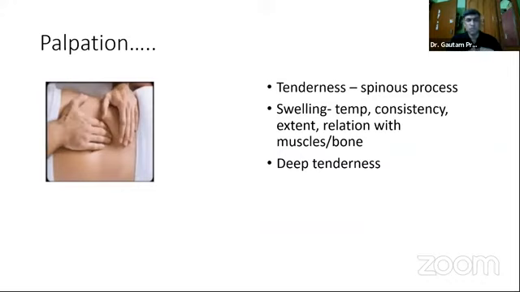In palpation, one should elicit tenderness along the spinous process and look for any visible swelling. If the swelling is there, what is the consistency? Is it soft or firm? Is fluctuation positive? What is the extent of the swelling? Check for deep tenderness and also for any deformity.